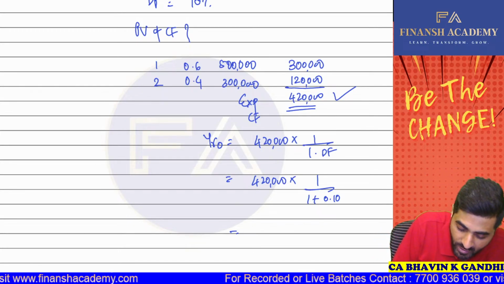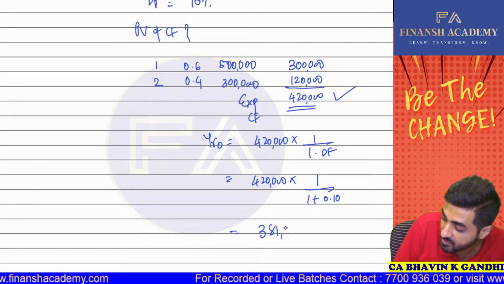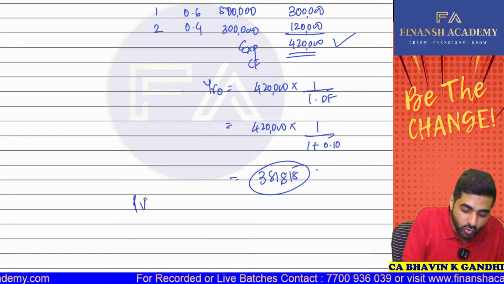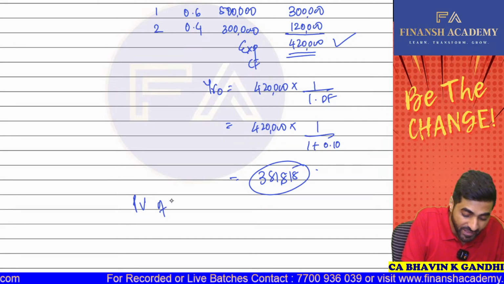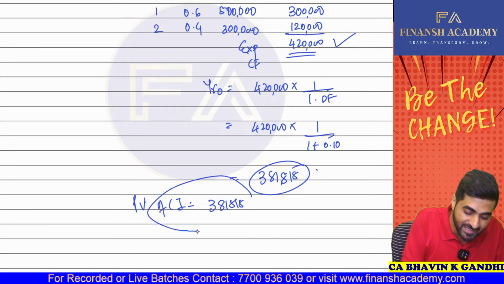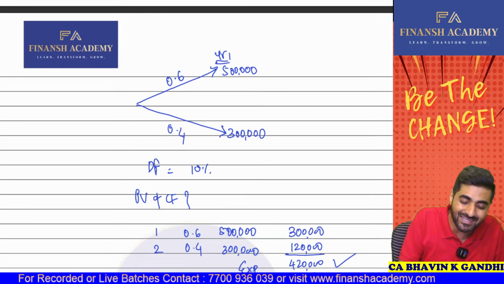So what's my present value? 3 lakh 81,818. So basically the present value of cash inflows today, which is 381,818, is derived by this concept.